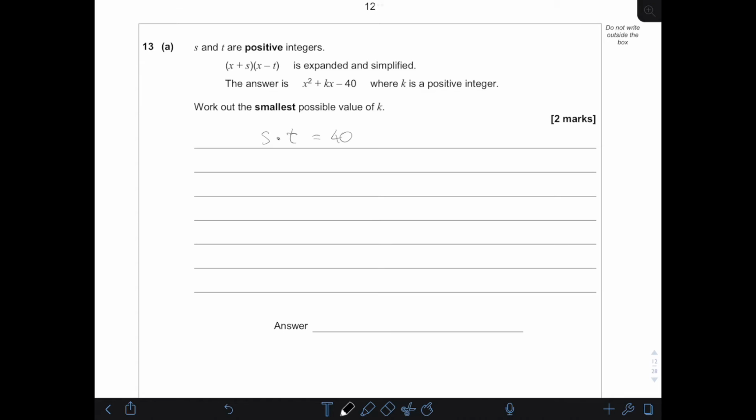And what we want is for s and t to be as close to each other as possible, because if they are very different, then s minus t would be relatively big, and that would cause k to be too big.